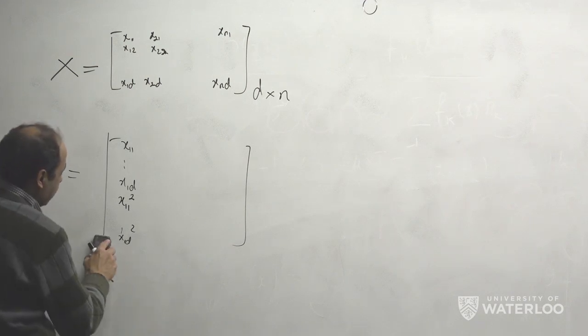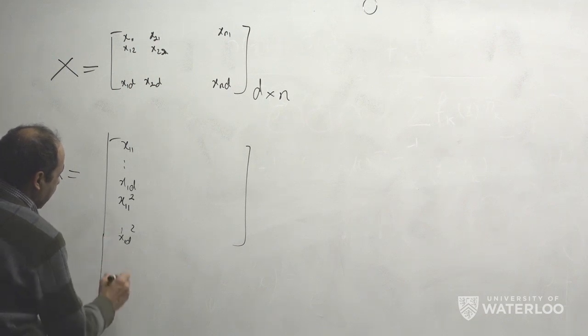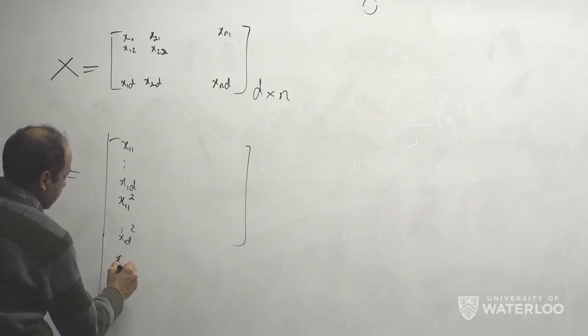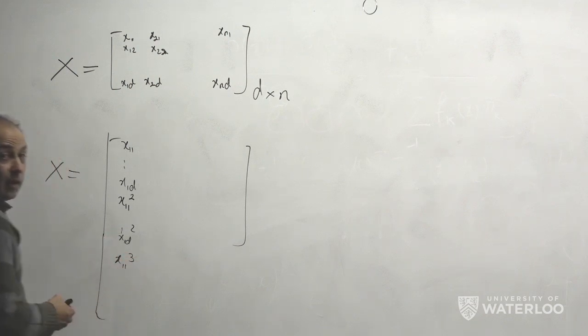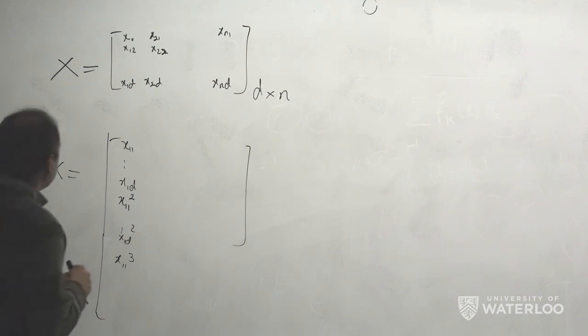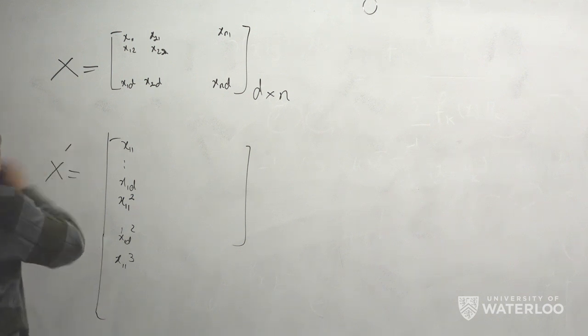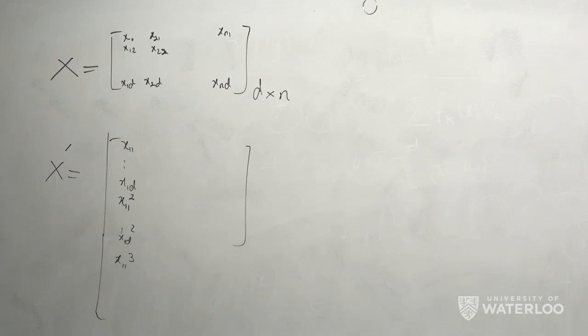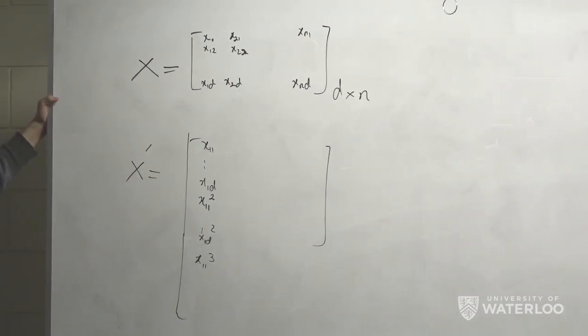I may even want to add cubic terms. I may want to add a function of these, sine of x, cosine of x, whatever you like. And then you have a new matrix X prime where you can compute a linear function on matrix X prime, which is nonlinear on X, because you have augmented your data.